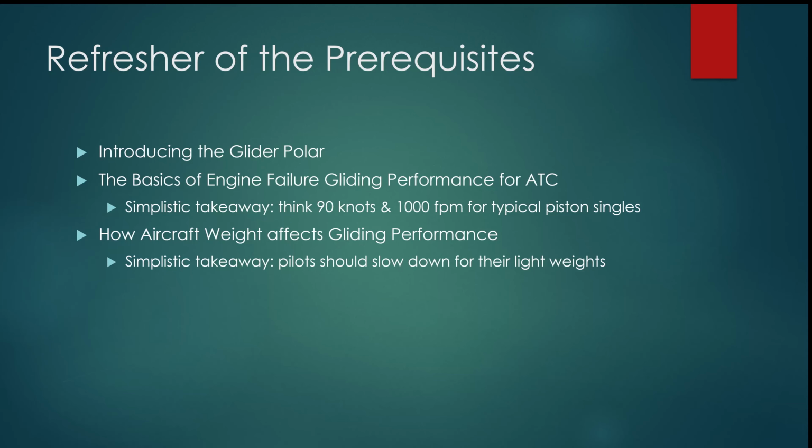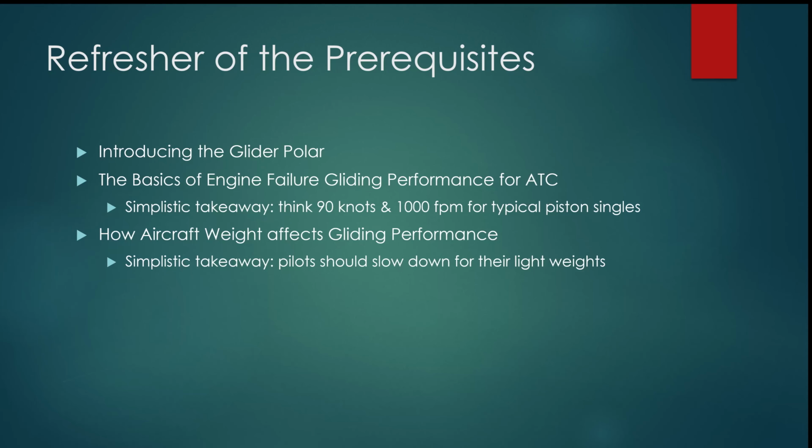Also, I did a video about how aircraft weight affects gliding performance, and the simplistic takeaway on that one, just by way of reminder, is that weight does not affect the ideal glide ratio in still air as long as pilots fly the appropriate speed for the weight of their aircraft. A lot of them don't. A lot of them are flying at what they think of as the best glide speed for that aircraft.